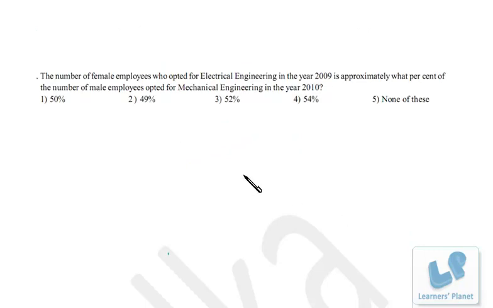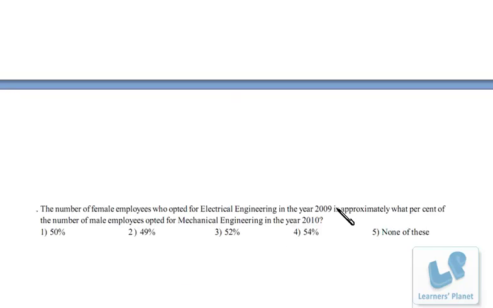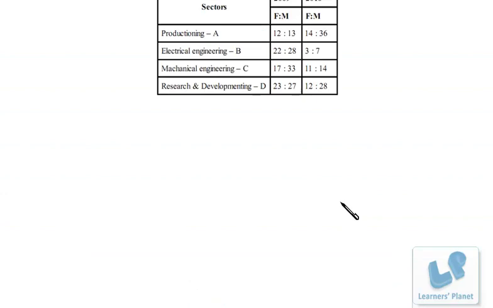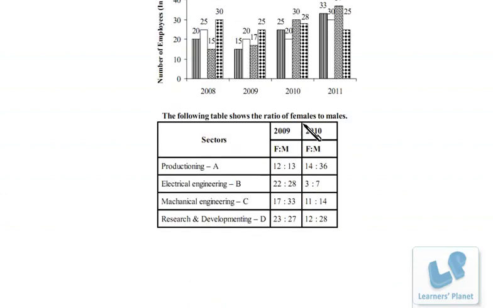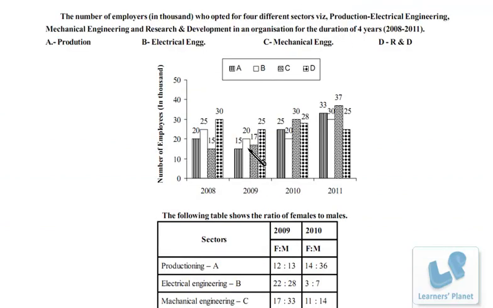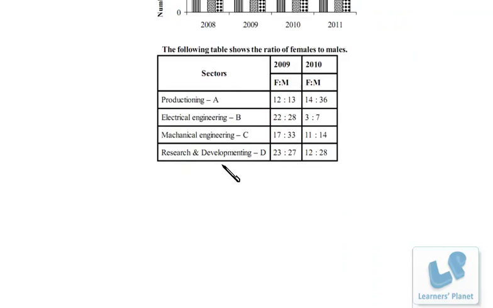Now the number of female employees who opted for electrical engineering in the year 2009 is approximately what percent of the number of male employees for mechanical engineering in the year 2010? Let's see. 2009 electrical engineering is 20 and the breakup is 22 is to 28, or we can say 11 is to 14, right?